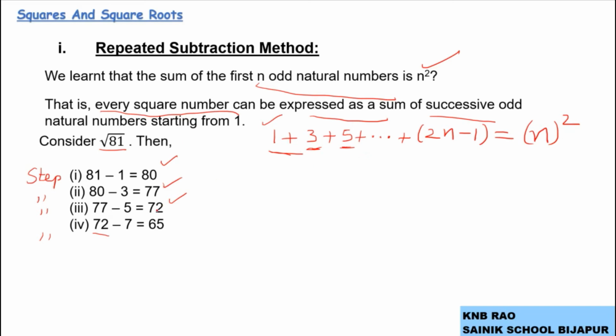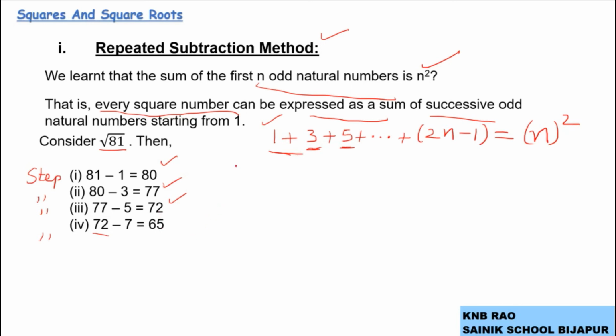7. So the repeated subtraction method is nothing but finding the square root of a number by subtracting odd natural numbers from 1 onwards, one after the other, sequentially, from the number.